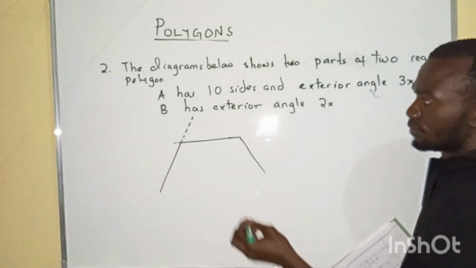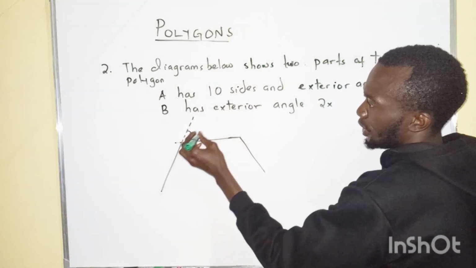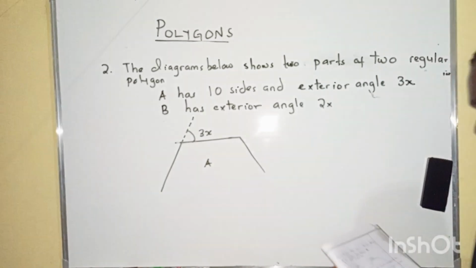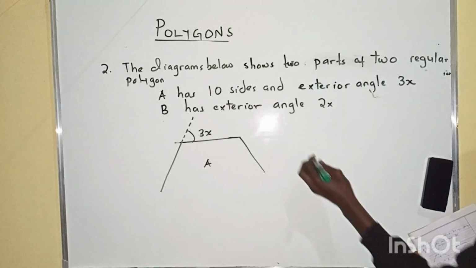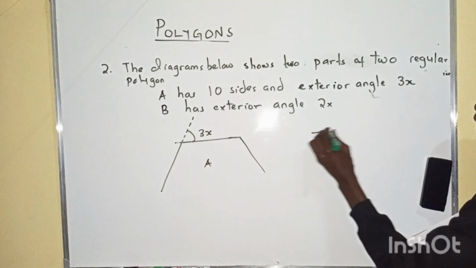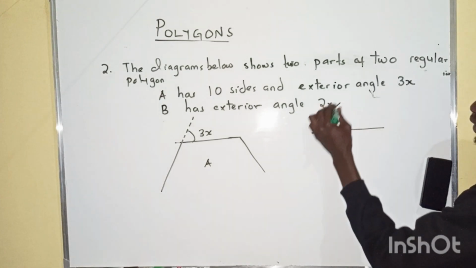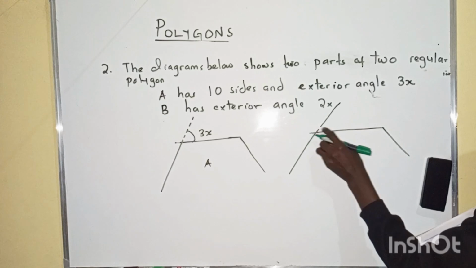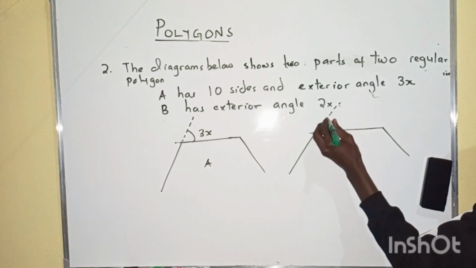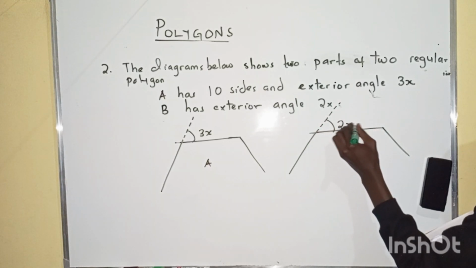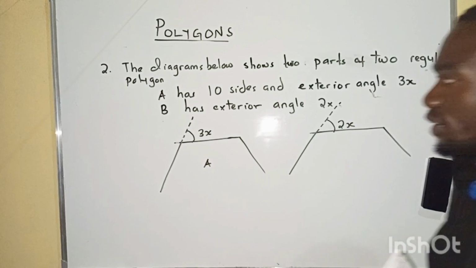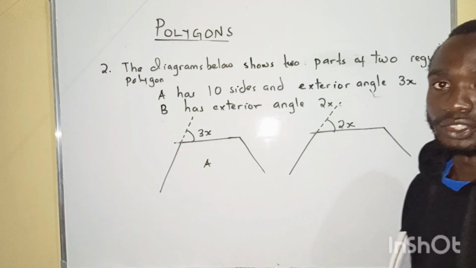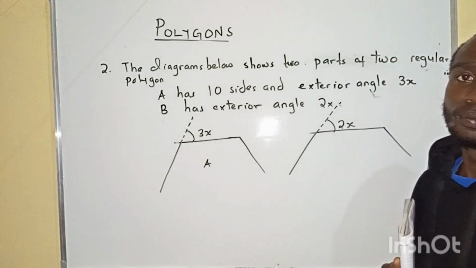The exterior angle of A is 3x. This angle here is 3x, and this is A. Then we have B, where this angle is 2x. In A, we have been told that it has 10 sides.